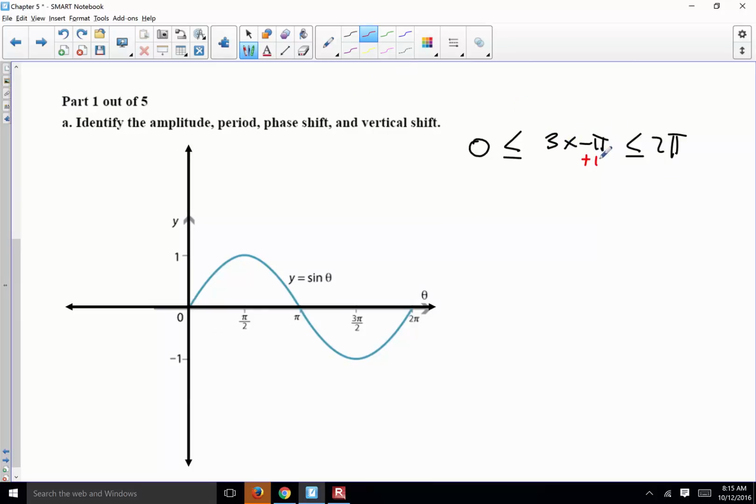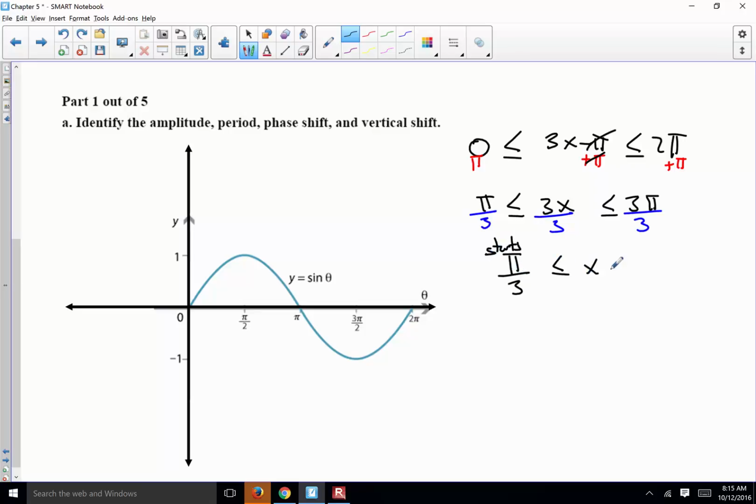Add pi to both sides, all three sides. And divide. Alright, it starts at pi over 3, no longer 0, and ends at pi.